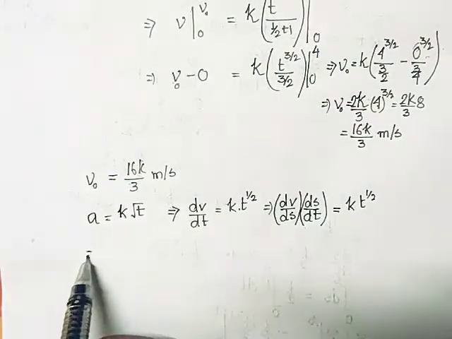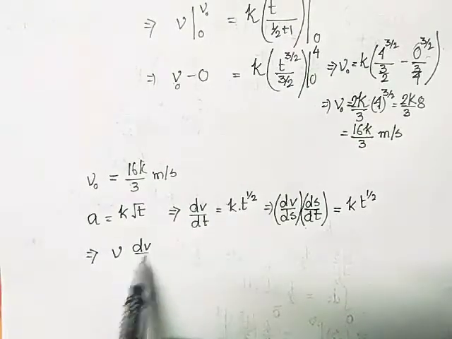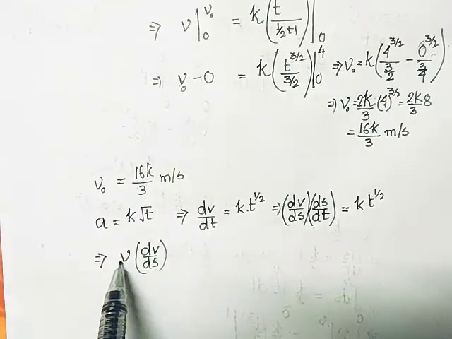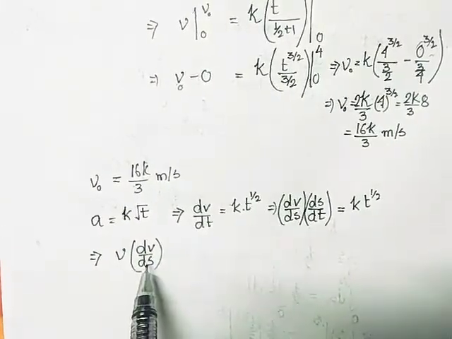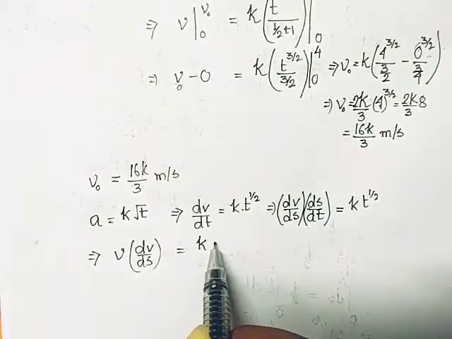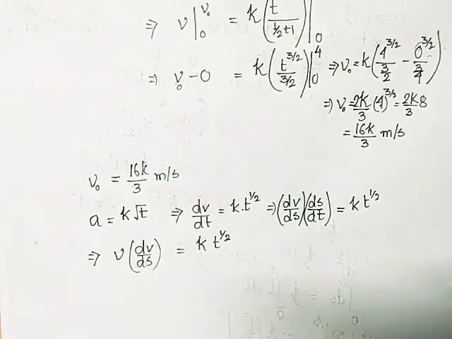So I can write this equation as v dv/ds, because ds by dt becomes v, and v dv/ds is equal to k into t to the power half.